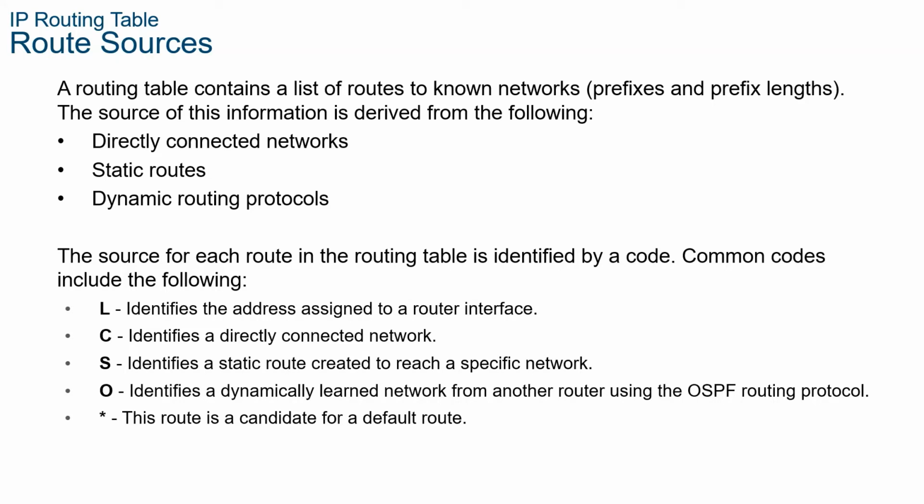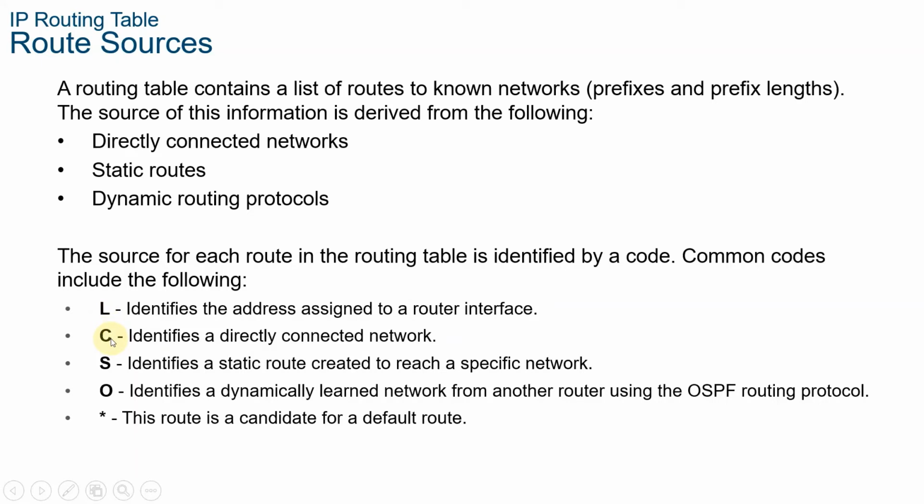Okay, so the source for each route in the routing table is identified by L, C, S, O, asterisk, and so on. For now, let us limit ourselves to these characters here. L identifies the address assigned to the router interface. So whatever IP address you assigned on that interface of the specific router will be noted as L in the routing table.